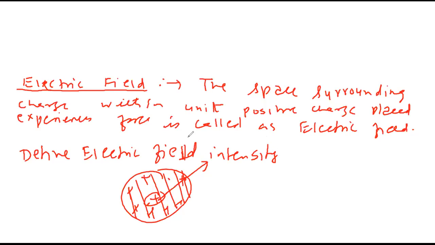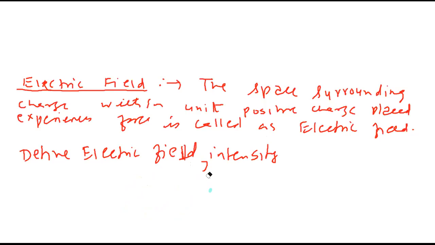The space surrounding charge within which unit positive charge placed experiences force is called as electric field. Now, what is electric field intensity? Define electric field intensity. When you say intense, that means what? Strong or weak? Strong.